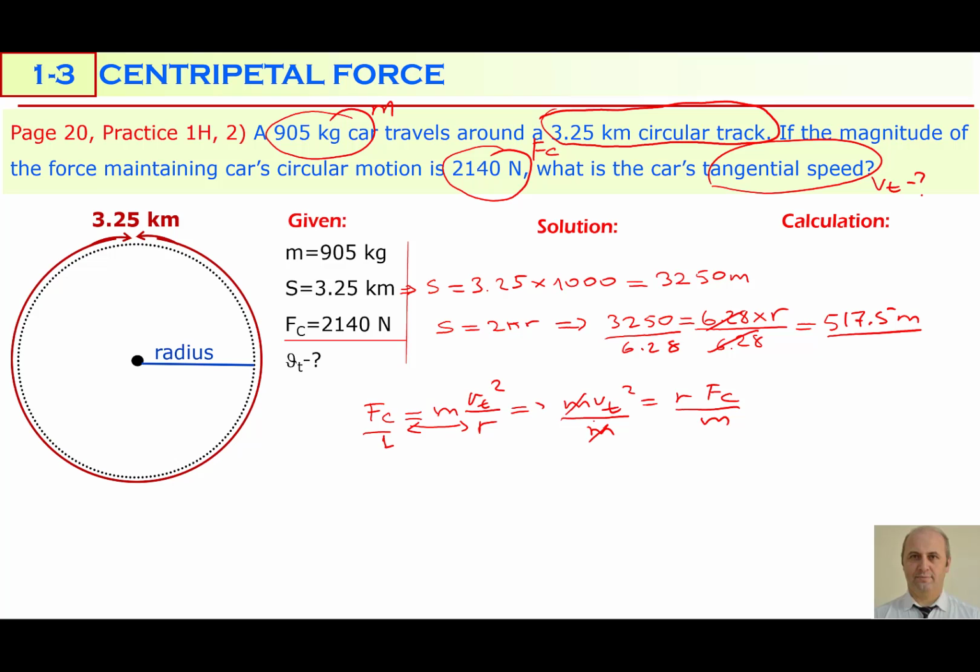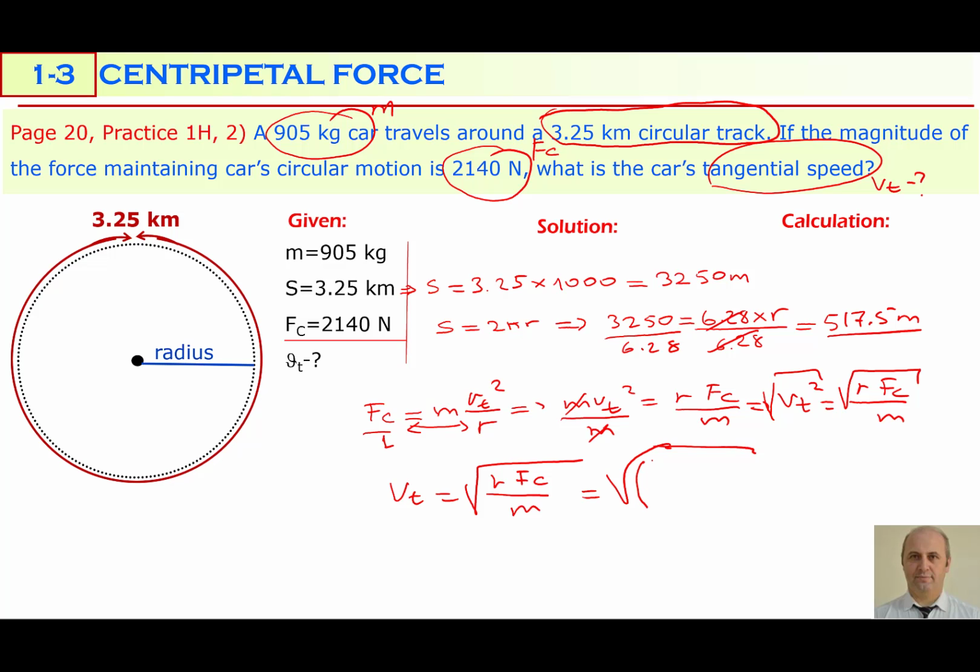So m will be simplified, and then we will get Vt squared as r times Fc divided by m. Next step is to get the square root of both sides of this equation. So then we will get Vt as root of r Fc divided by mass. And then insert the given into the equation, but don't forget to use the bracket.